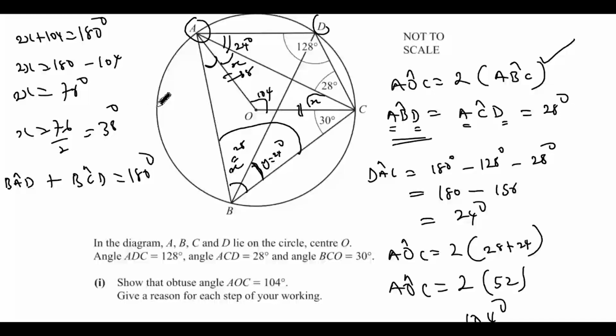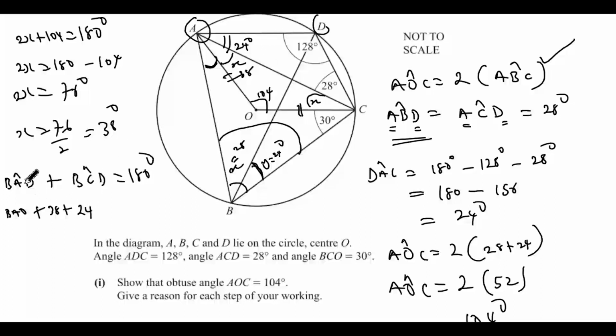So in angle BAD, we have three angles there. We have angle BAO, which is the unknown. I'll write BAO, then plus the next angle after it is OAC, which we found to be 38. So that is 38, then plus the last angle there will be angle CAD, which is 24 degrees.